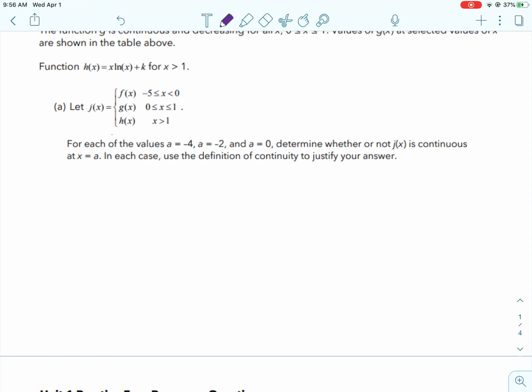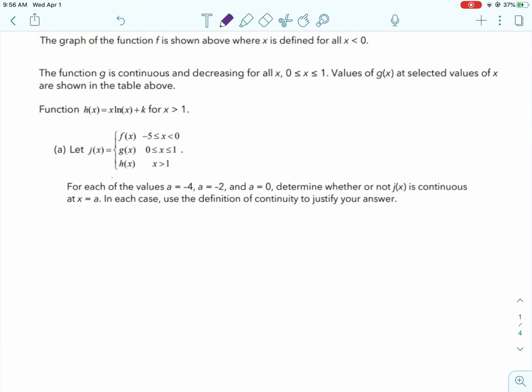All right, so for part A, for each of the values of a, which are -4, -2, and 0, we're going to determine whether or not J of x is continuous at x equals a.